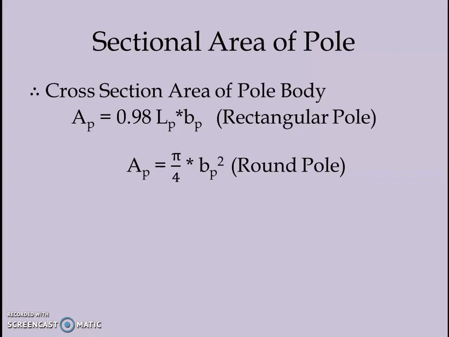If it is a round type of pole, then the diameter of the pole can easily be calculated if we know the cross-sectional area of the pole body. So L_P, that is the length of the pole, and B_P, that is the breadth or width of the pole in case of a rectangular pole, and it is the diameter in case of a round pole. So one cross-sectional area is available.